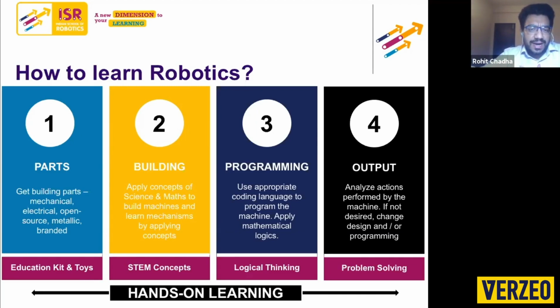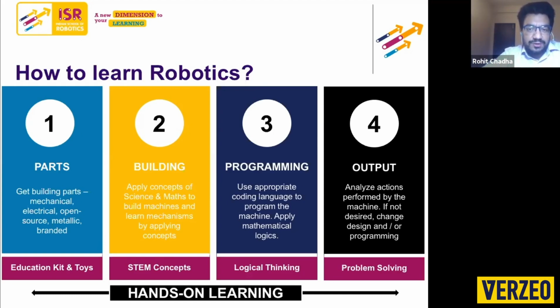So you need these parts, and using the concepts of science and maths and basic physics, you need to build a device. Suppose you want to make a pick and place robot, you need to apply the concept of center of gravity, where you place the center of gravity in the device so that the device is balanced. So you need to apply this concept to build a machine.